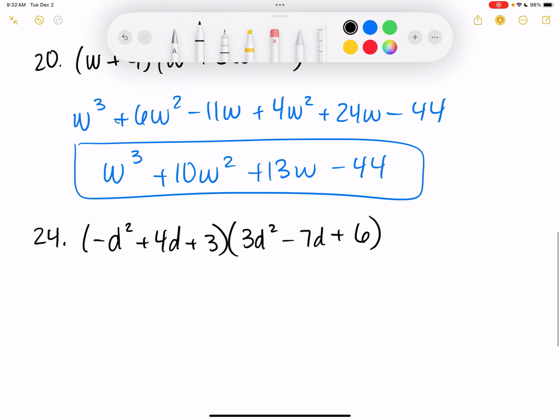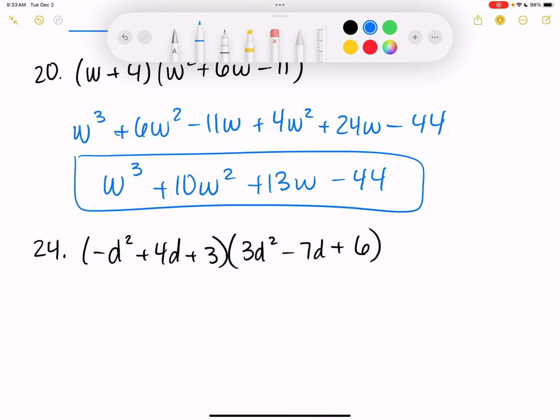So I'm going to do the negative d squared times everything, then the 4d times everything, then 3 times everything. This is like a super foil. So I've got negative 3d to the 4th plus 7d cubed minus 6d squared. So that's the first piece.